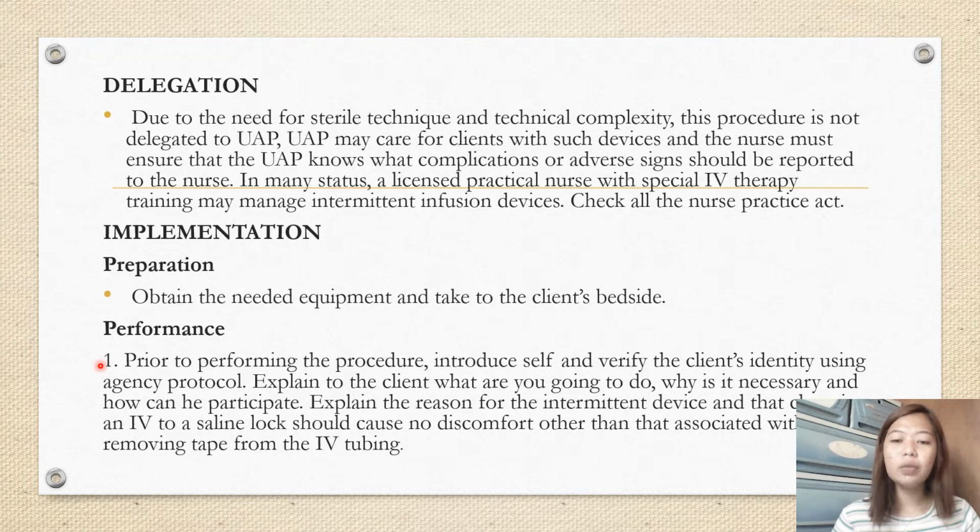Explain to the client what you are going to do, why it is necessary, and how he can participate. Explain the reason for the intermittent device, and that changing an IV to a saline lock should cause no discomfort other than that associated with removing tape from the IV tubing.